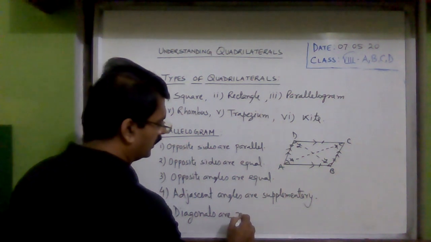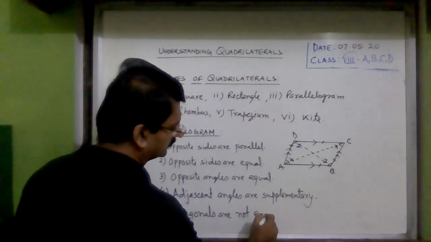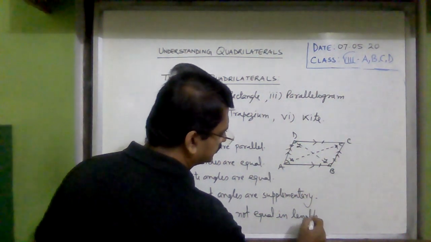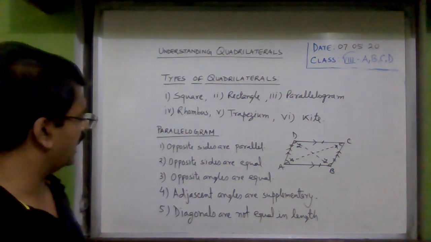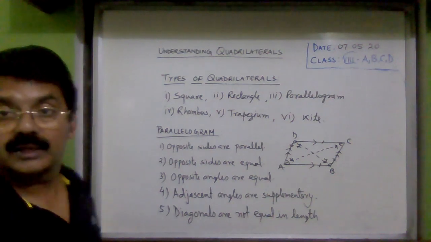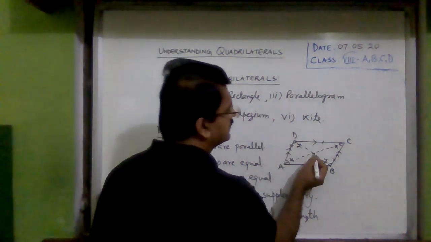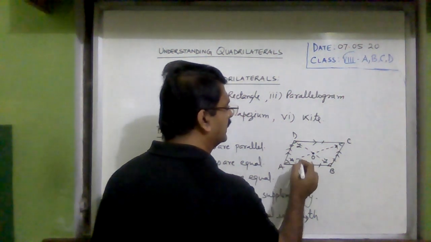But the diagonals bisect each other, meaning this is the midpoint of both the diagonals.